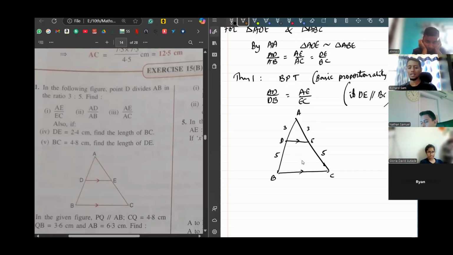It can be said in different ways. One way is what we said before: if DE is parallel to BC, then AD upon DB will be equal to AE upon EC. In another way, if AD to DB is given and DE is parallel to BC, then AD upon DB will be equal to AE upon EC. It's the same thing only, right? Since these two lines are parallel, both these ratios are equal. That is what BPT states.